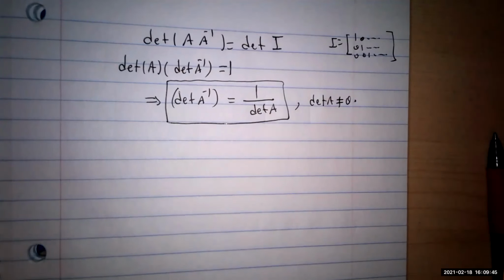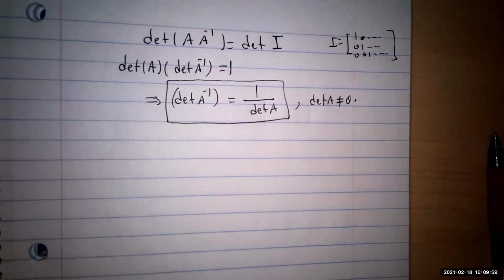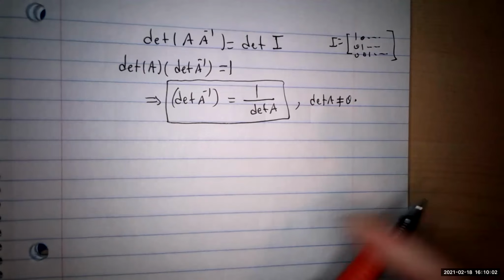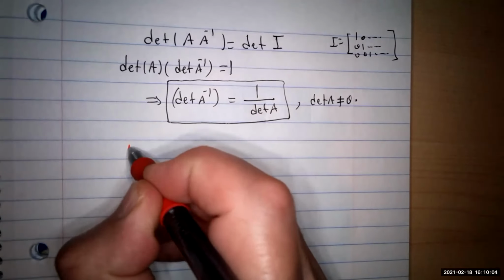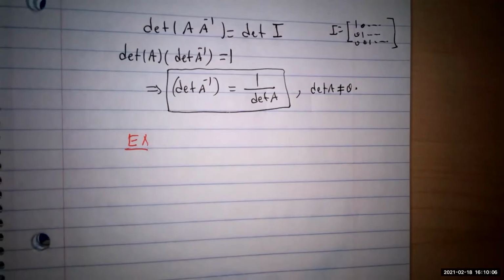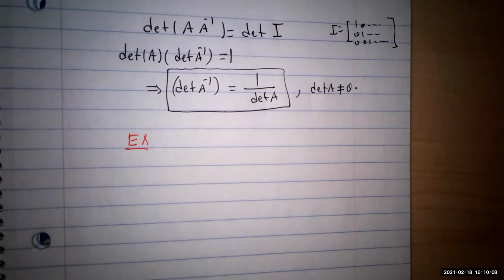So that's a very interesting result, and it's the only reason that we talk about that multiplicative property of a determinant. It's very, very useful, and we use it from time to time. So you may be asked, in an example like this, to check to see if a matrix is invertible.